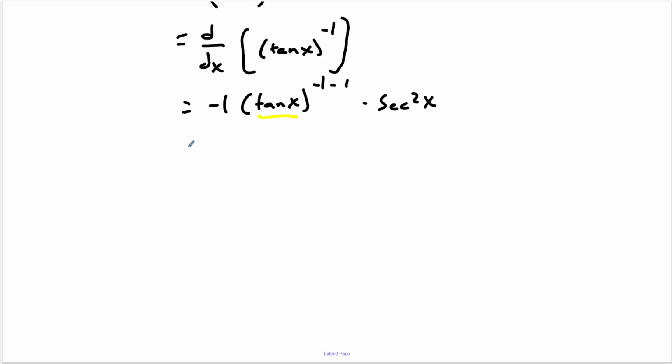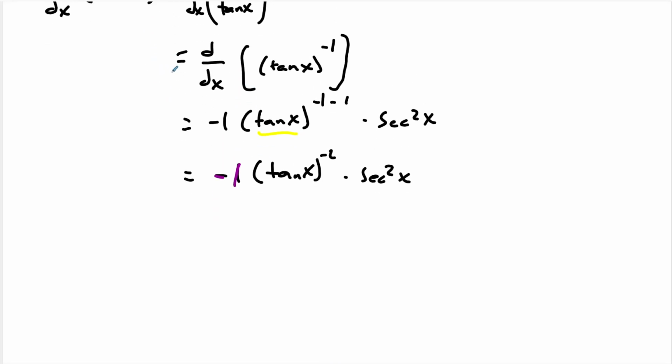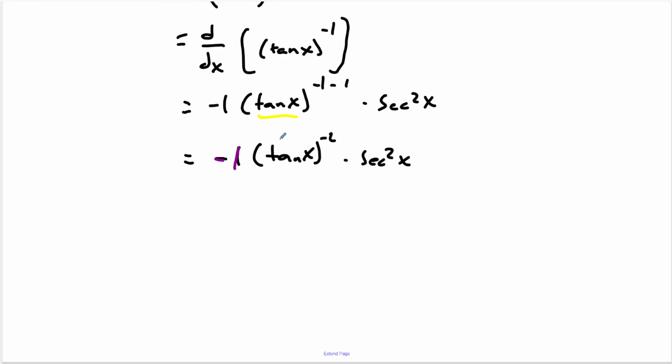So now we'll have negative 1 times tangent of x to the negative second times secant squared of x. Already a good sign here that this is a negative 1, since it's a cotangent, because the derivative is going to be negative here.